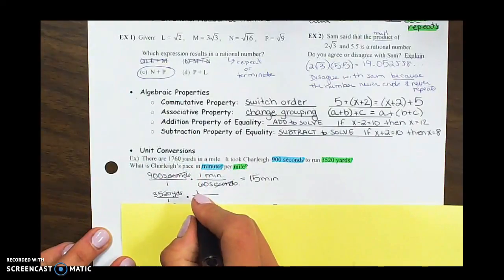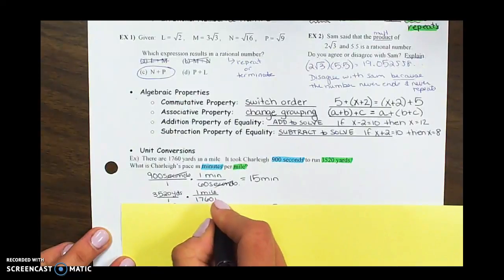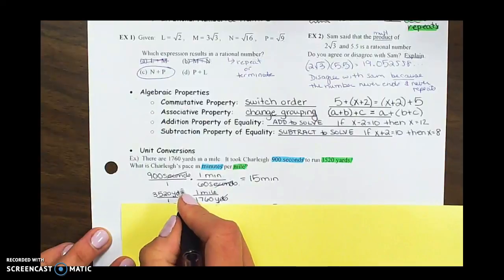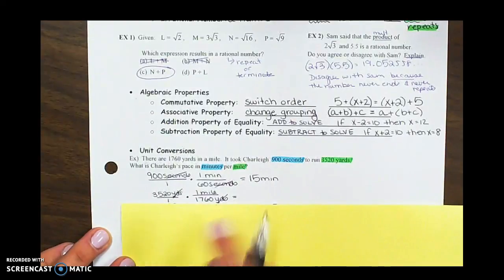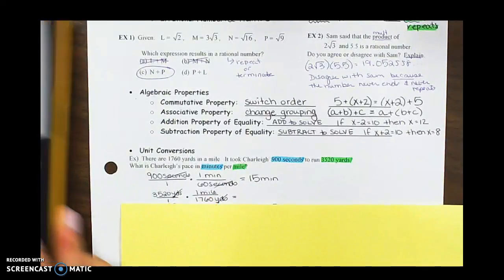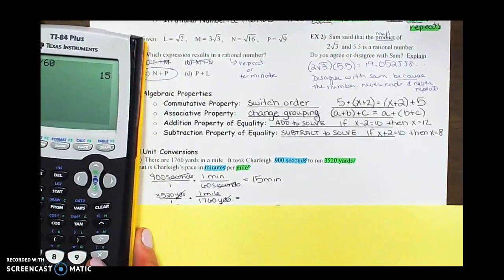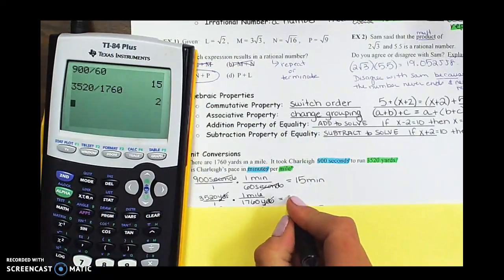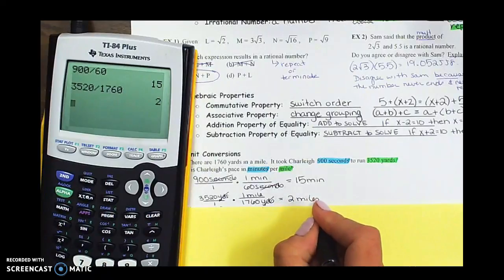So I'm going to put 1 mile on top over 1,760 yards. The reason I put yards on the bottom is because now yards on the bottom cancel with yards on the top, and I'm left with just my miles. So I can use my calculator here: 3,520 divided by 1,760, and we're going to get 2 miles.